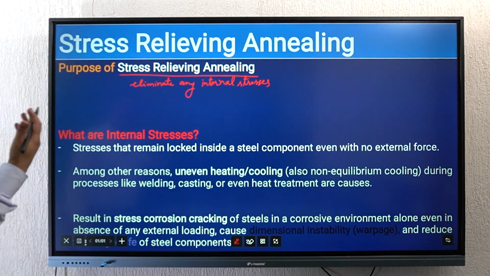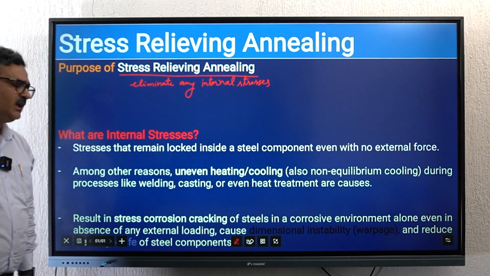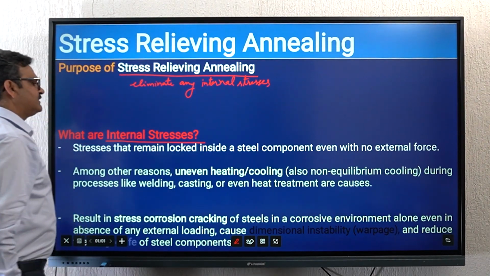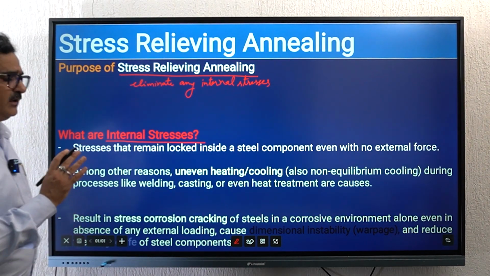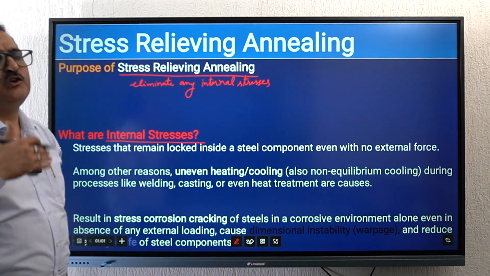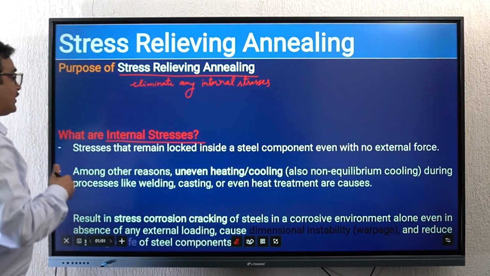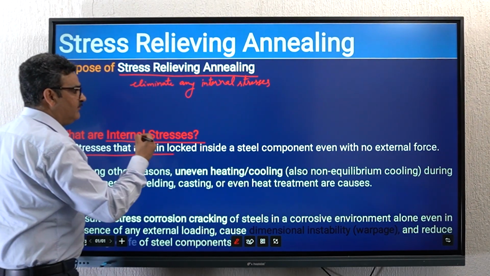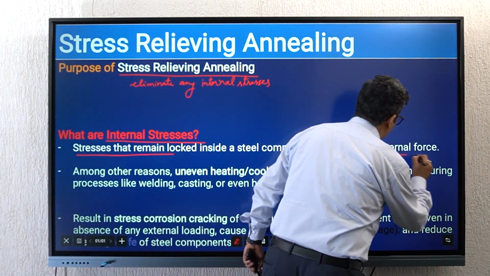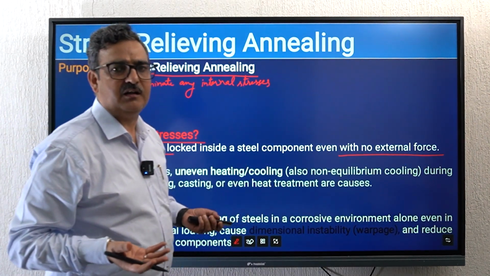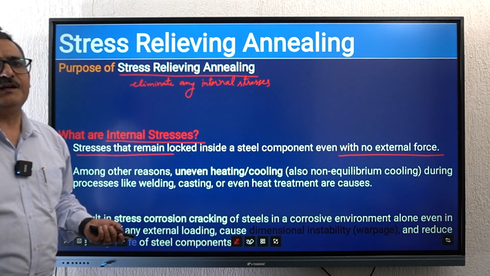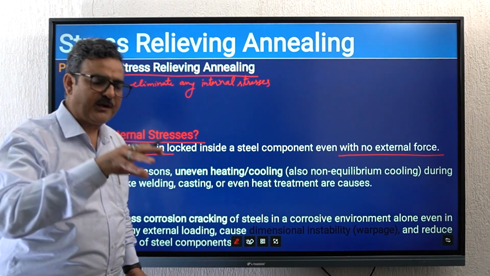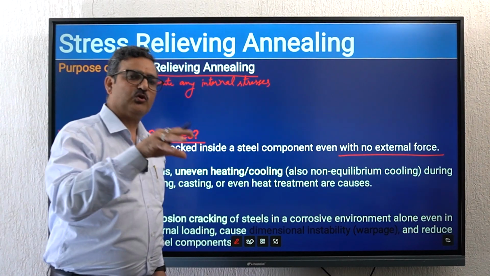But before I discuss the procedure of this annealing process, we must know what is meant by the term internal stresses. As I said, these stresses are also called residual stresses or locked in stresses. What are these? If stresses are present in a material even when there is no external load or force being applied on it, the material is said to contain internal stresses. I repeat, generally stress comes in a material when you put a force or a load on it.